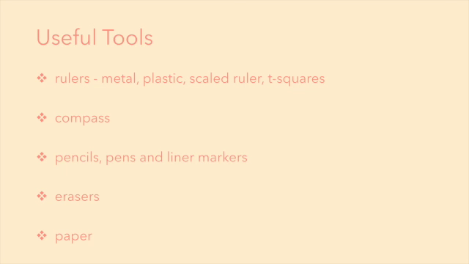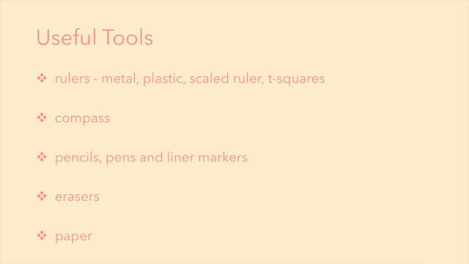So useful tools. Rulers are obviously very useful if you're drafting plans, but even if you're building models, rulers will be really helpful for you. So metal rulers, plastic rulers. A scaled ruler is a triangular ruler that has measurements relating to each scale on each of its sides. So that'll help if you're not particularly very good at math and don't know how to draw in scale.